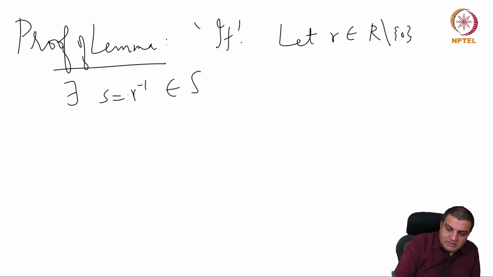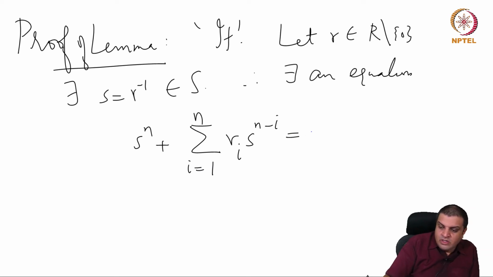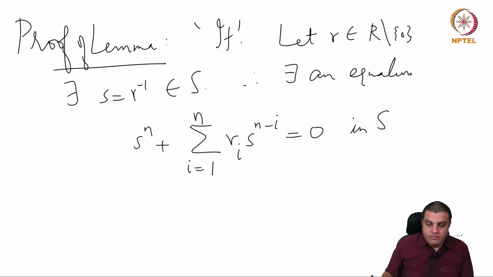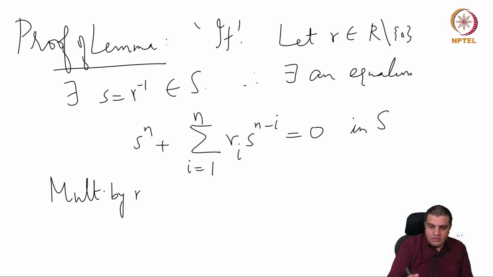So what does that mean? This s is integral over R. Therefore there exists an equation s to the n plus the sum of r_i s to the n minus i, i goes from 1 to n, equals 0 in S. Now let's multiply throughout by r to the n. Rs is 1 in S, but R is a subring, so it's 1 in R also.